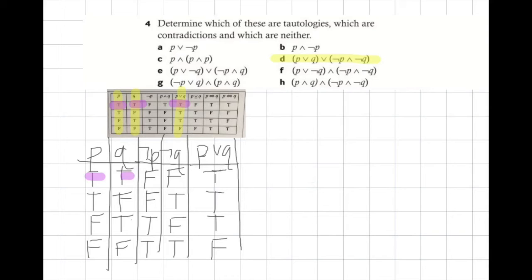We're using the same two columns, P and Q. If you want me to explain that in more detail, I can in another video. Then our next one is not P and not Q. So for not P, not Q, I'm going to use this AND column. I'm just going to erase these for right now too.